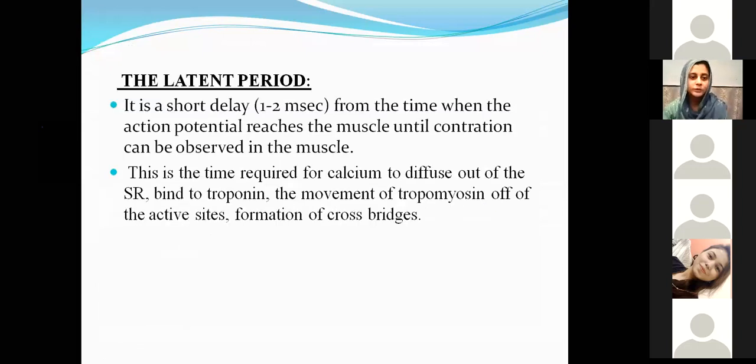So the first phase, which is the latent period, starts when the action potential is generated. It is a short delay period, about 1 to 2 milliseconds, and it starts from the time when the action potential reaches the muscle and lasts until the contraction can be observed.